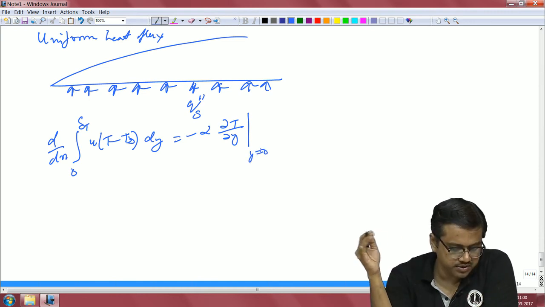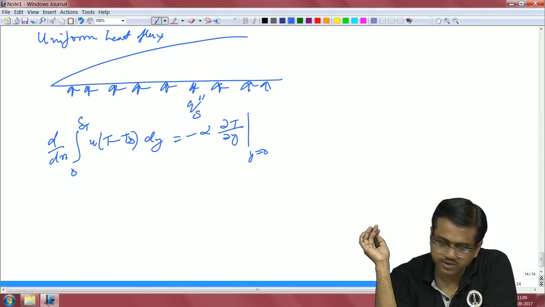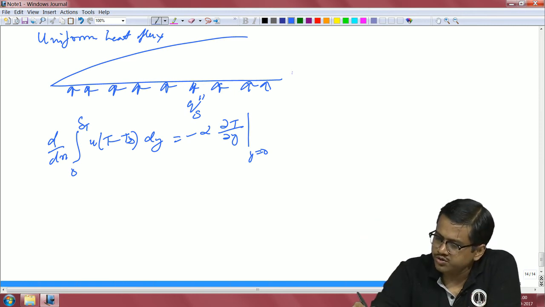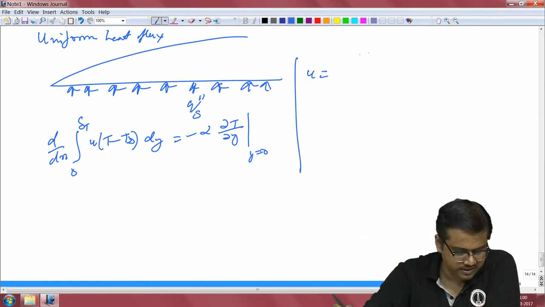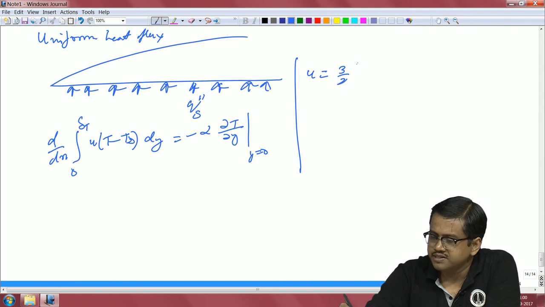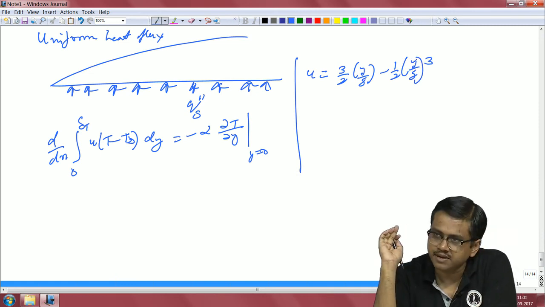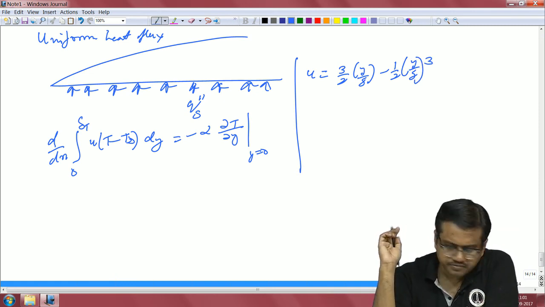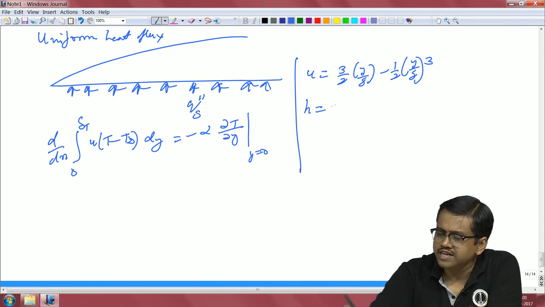This expression still remains the same, there is no problem with this. Okay. Your velocity profile also remains the same. So, I am giving you the hints, the velocity profile still remains 3/2 y over delta minus half y over delta cubed, right, all this remains the same, got it. Okay. Only the expression for h now has to be recast in a certain way.